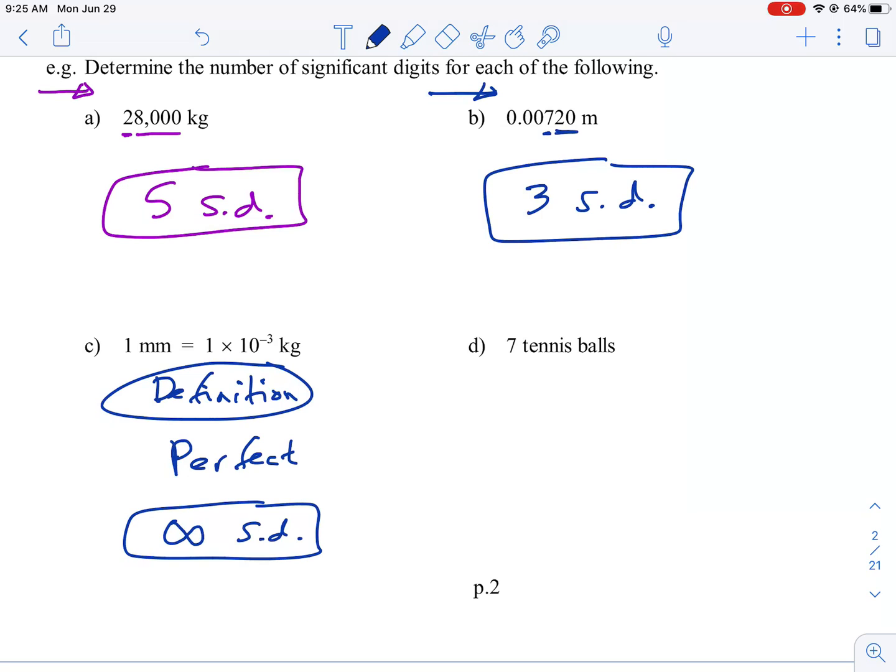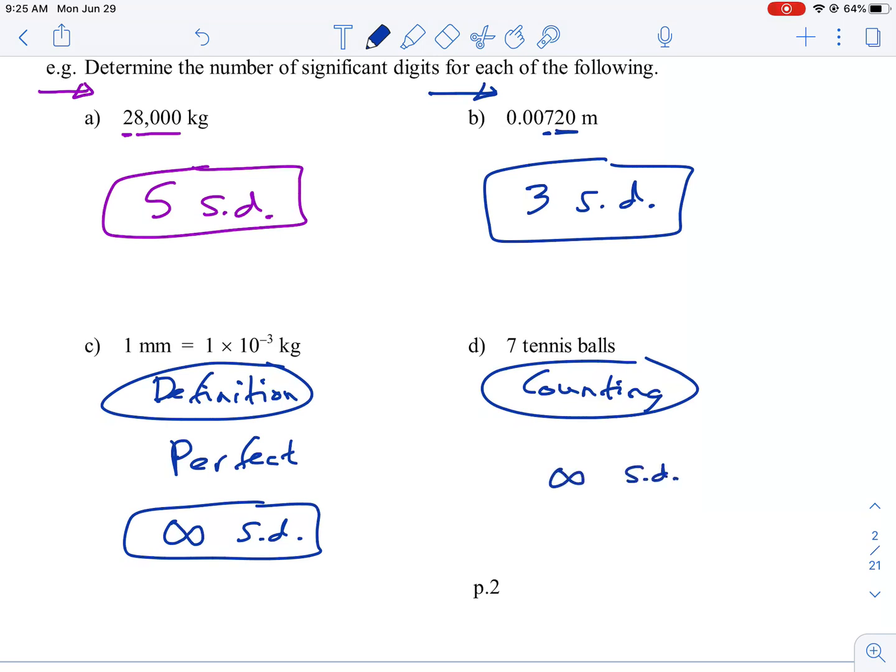Similarly, we have 7 tennis balls. Now, when you guys are counting tennis balls, you have to realize those are exact. You either have 1 or 2 or 3, but you can't have anything in between. So this would be considered counting reasonable numbers of objects. And when you're counting, it's also perfect. It therefore has an infinite number of sig digs.